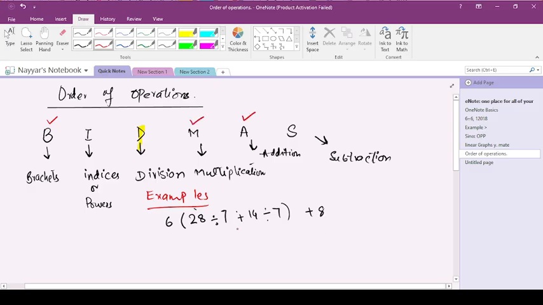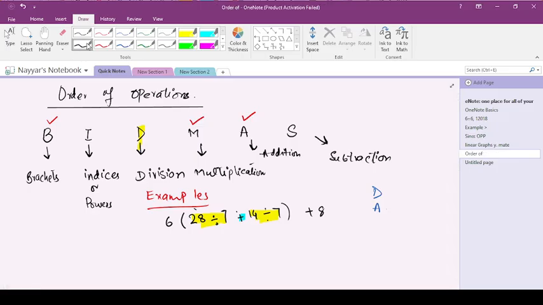First we have to solve the bracket, but in the bracket we have division operations and also addition. According to this rule, if in a bracket there are multiple operations, you follow the same sequence. First division comes, then addition. So first you divide and then add.